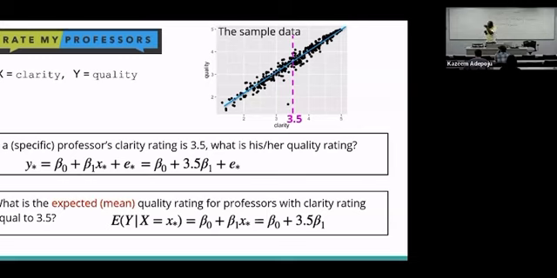But let me tell you, whether there is error or no error, both individual prediction and mean prediction will give the same value. I'm going to say that again. Whether there's an error or not, the value you're going to get for individual prediction is still going to be the same value you get for the average prediction.